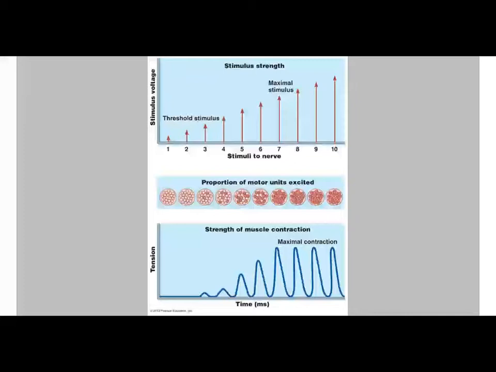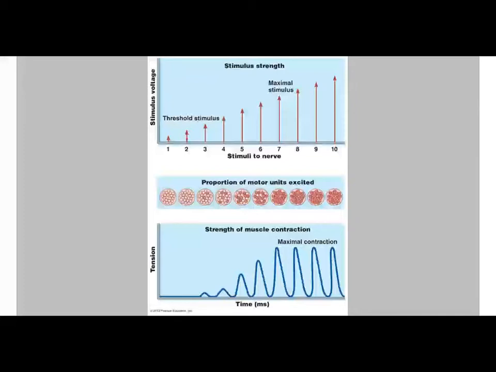Now, when the strength is a very small stimulus, which is not enough to activate any of our motor units, we don't get any muscle cells contracting, so no tension builds.